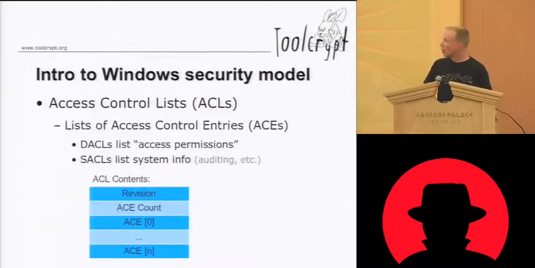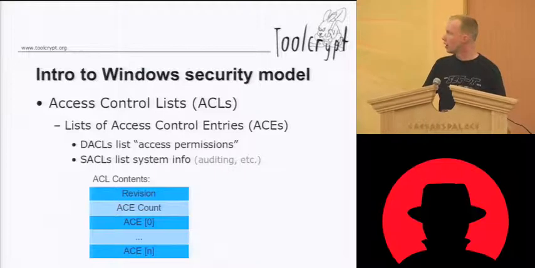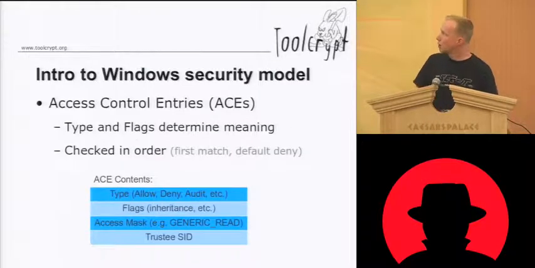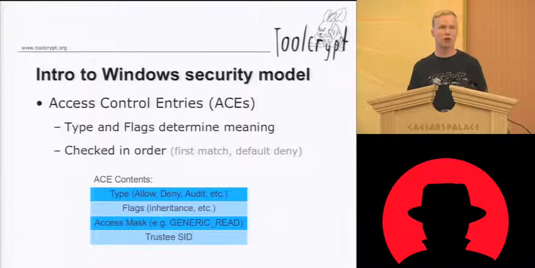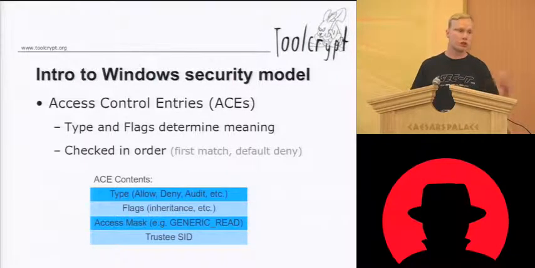So access control lists are basically built up of a list of access control entries. And access control entries are of a certain type. So you have one type, for example, controlling auditing of access to system resources, and that's only used in the system access control list, or the SACL.